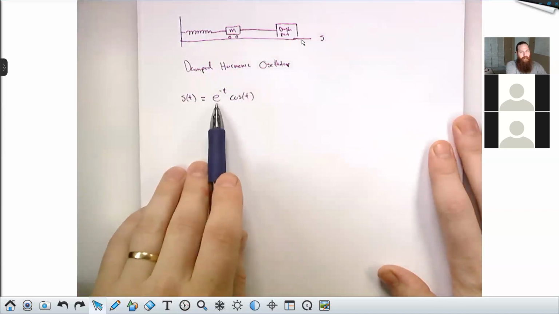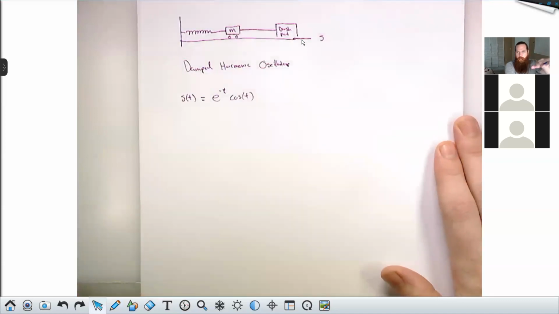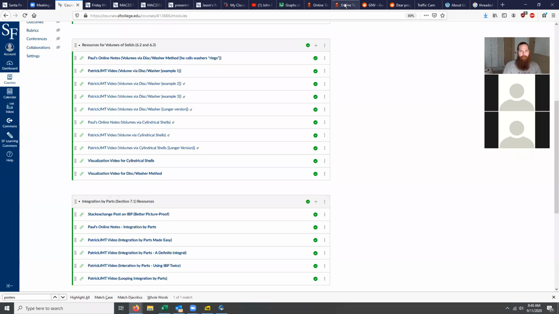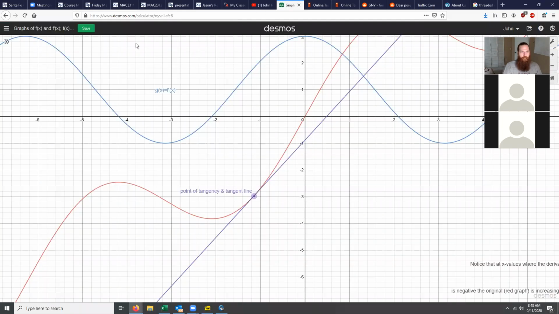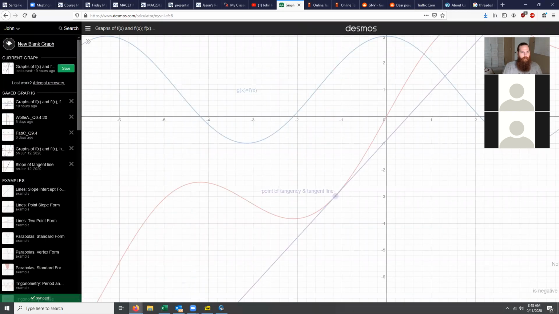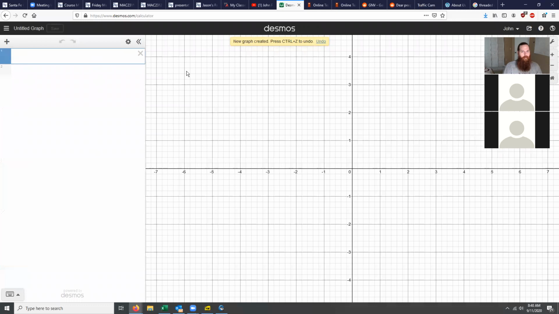Slapping this e to the negative t on there is going to dampen the cosine wave down to 0. I'll show you in Desmos. I'm going to exaggerate here the dampening.